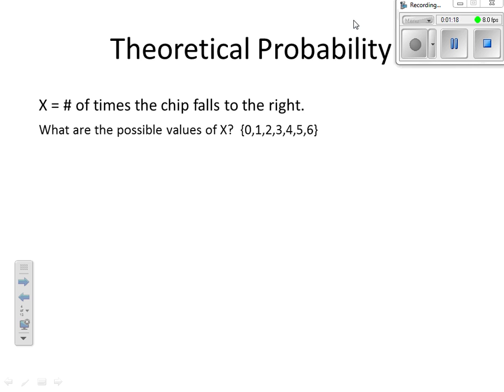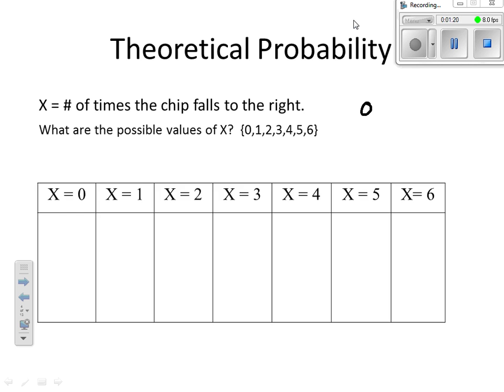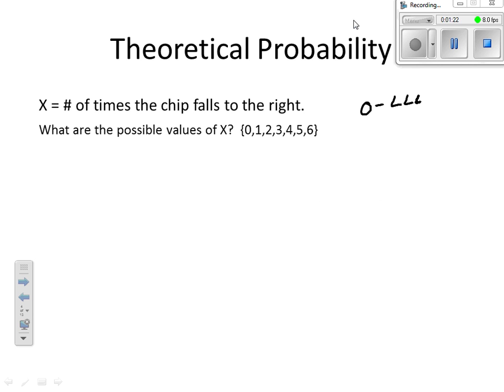It could go to the right 0 times, so that'd be left, left, left, left, left, left. For 1, it could be right, left, left, left, left, left. It could be left, then a right, then a bunch of lefts, and so on and so forth.